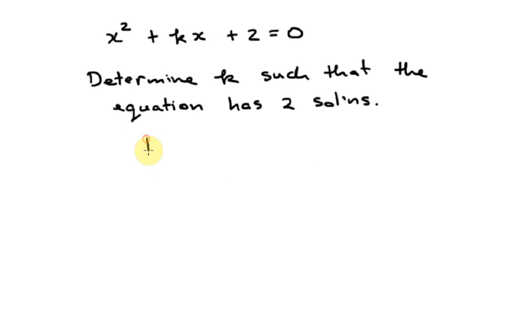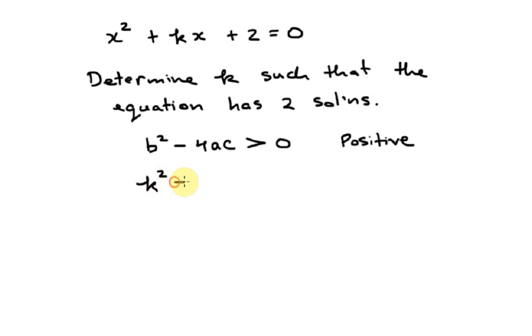You say, well, 2 real solutions means that my discriminant, b squared minus 4ac, has to be positive or greater than 0. So this is the same thing as saying we want the discriminant to be positive. Now I'm going to plug in specific to this equation what is b and a and c. So b is this k business.